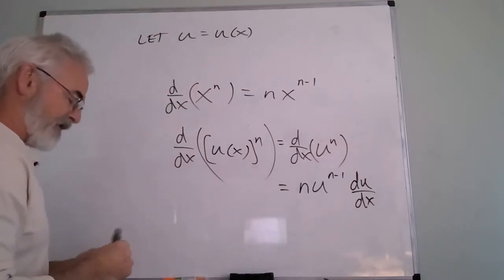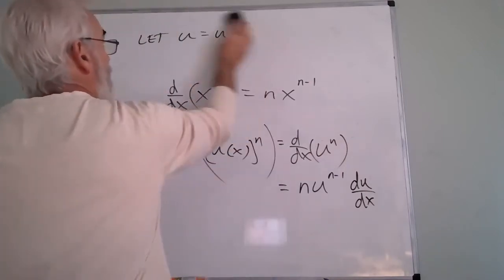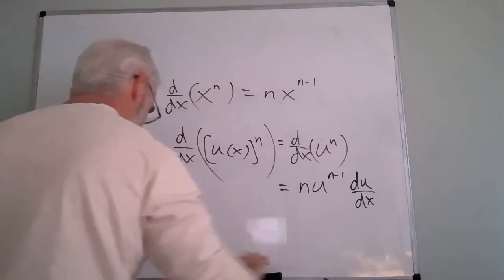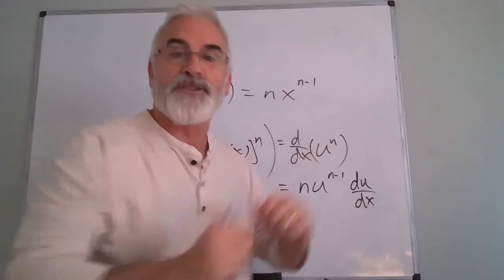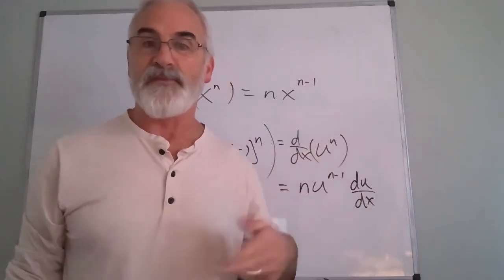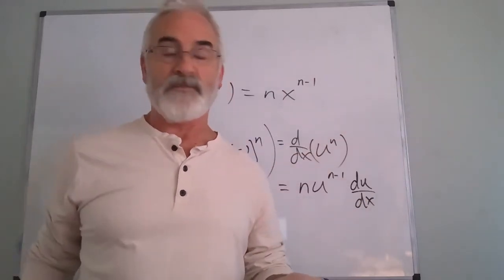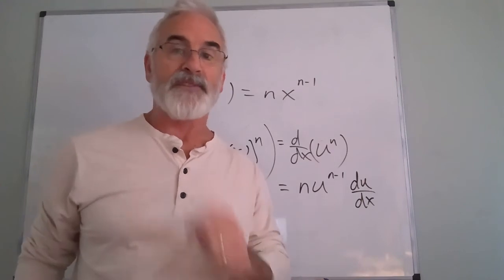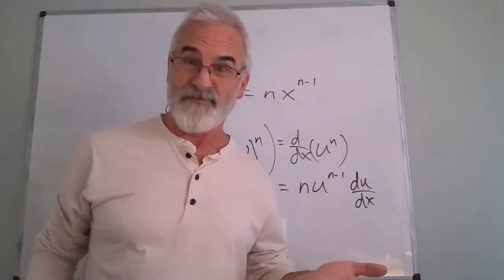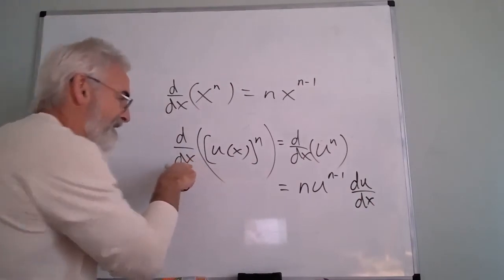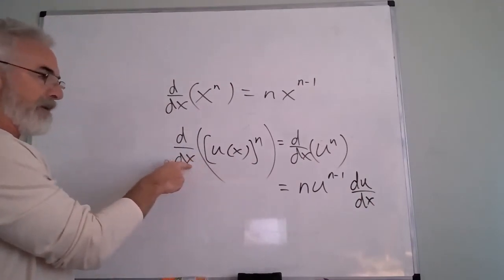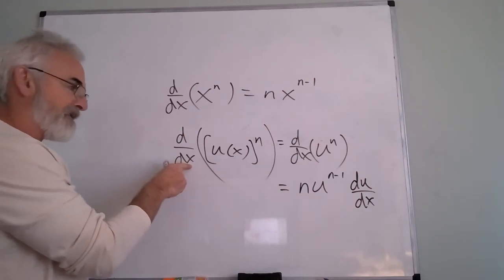Now, this is the part that always troubles people at the beginning. We say d dx, we have a function of x. If I throw a different letter of the alphabet in there, that doesn't cause problems. It means that that function is a function of that variable. The d dx says that I have one independent variable, and that independent variable is x.